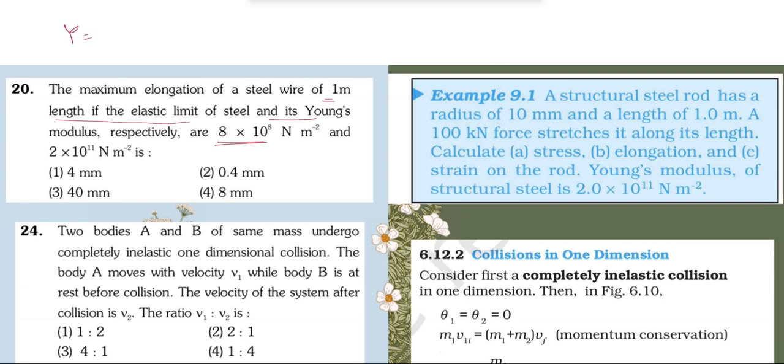So Young's modulus is FL by AE, or e will be equal to F by A into L by Y. That F by A value is given, L value is given. This is also an almost similar kind of example in NCERT. If you can solve this example, then this corresponding question you can answer very easily.